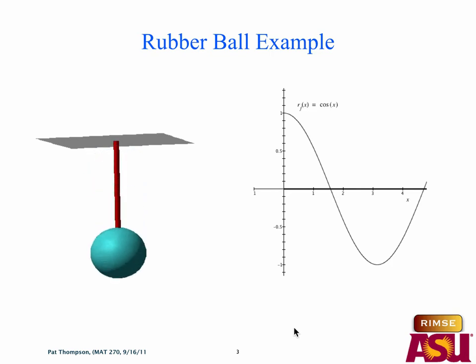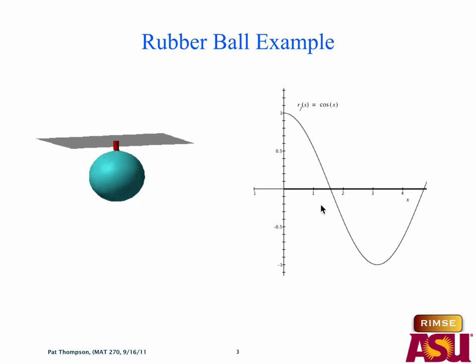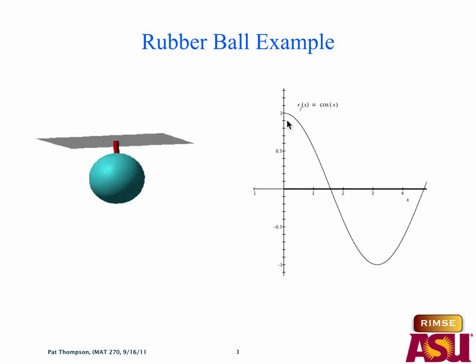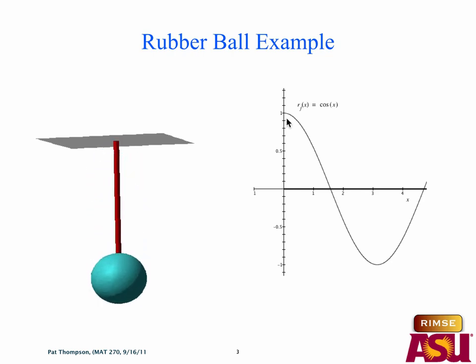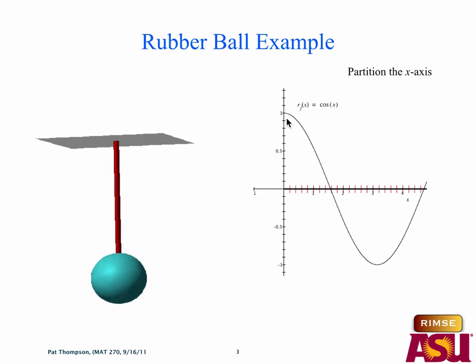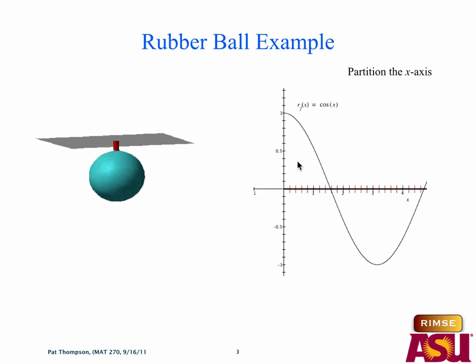We have no direct route at the moment for going from exact rate to exact accumulation. So our tool is going to be to turn this exact rate function into a pretend rate function, an approximate rate function.